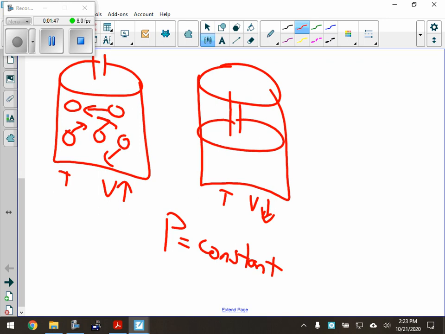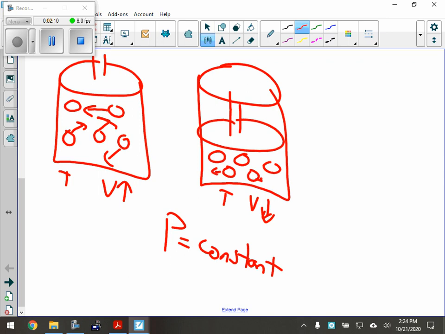Well, if I decrease the volume, and I still have my 5 gas molecules in there, what do I have to do? We know this. If I decrease the volume, what happens to the pressure? It goes up. How do I not let the pressure go up? Well, I have to slow these down, right?